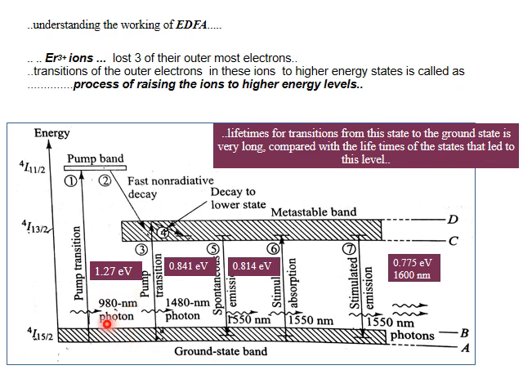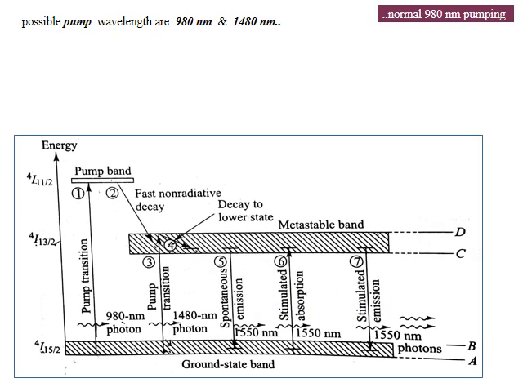After explaining the diagram, you will start explaining the first part, that is 980 nanometer pumping. Here I suggest you remember these band gap energies. During 980 nanometer pumping, more band gap energy is there compared to the remaining. We'll go to the next slide where we'll start explaining the normal 980 nanometer pumping mechanism, the first part of the operation of EDFA.